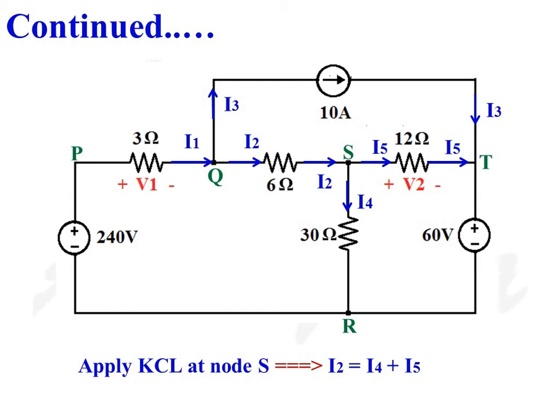Apply KCL at node S. There are 3 currents associated with node S: I2, I4 and I5. I2 is the incoming current while I4 and I5 are outgoing currents. Therefore, according to KCL, we can write I2 is equal to I4 plus I5.